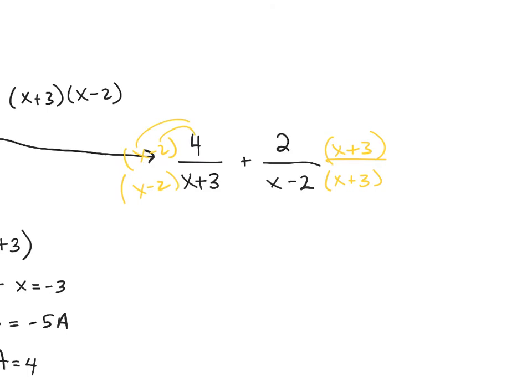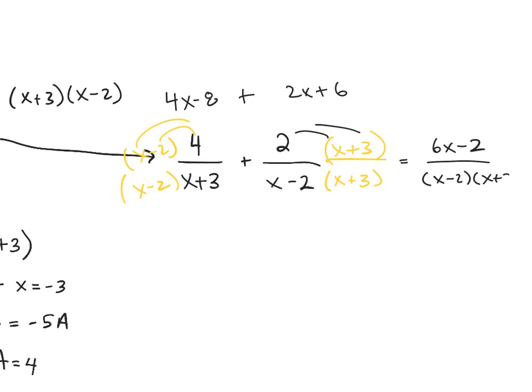And then when we distribute there, I'm going to get 4x minus 8. If you distribute here, you're going to get 2x plus 6. If you combine those terms in the numerator, you're going to get 6x minus 2, and then your common denominator is x minus 2 over x plus 3, which is exactly what we started with.